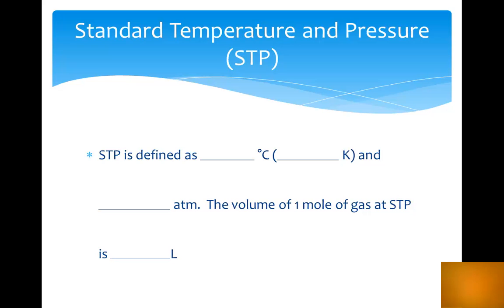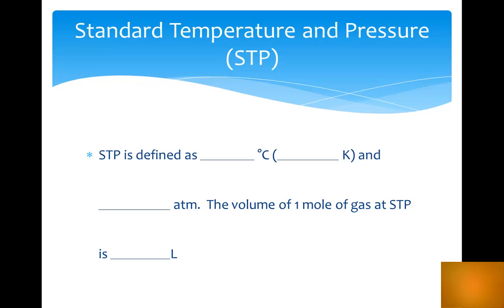Before we convert, I want you to keep in mind that what we are dealing with right now is standard temperature and pressure, what we call STP. We've seen this before, and when we've done this before, you've used 1 mole of gas at STP is 22.4 liters. But what you need to realize is as we change these conditions with the gases, they will not always be at STP. So you will need to ask yourself, do I have standard temperature and pressure, in other words STP, or not?